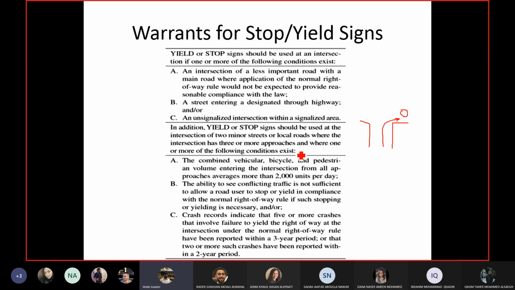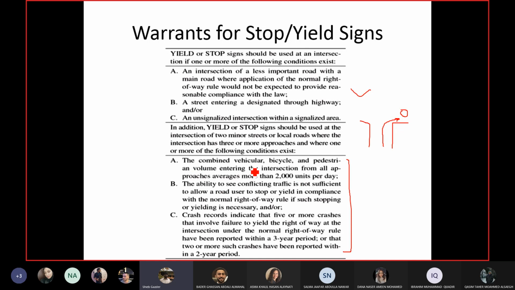Obviously this is three or more approaches; less than three is two approaches, then it's not an intersection, right? Where one or more of the following conditions is met. So if you have two minor approaches or two local roads meeting with each other, then if any of these conditions is met, you can also provide a stop or a yield sign.